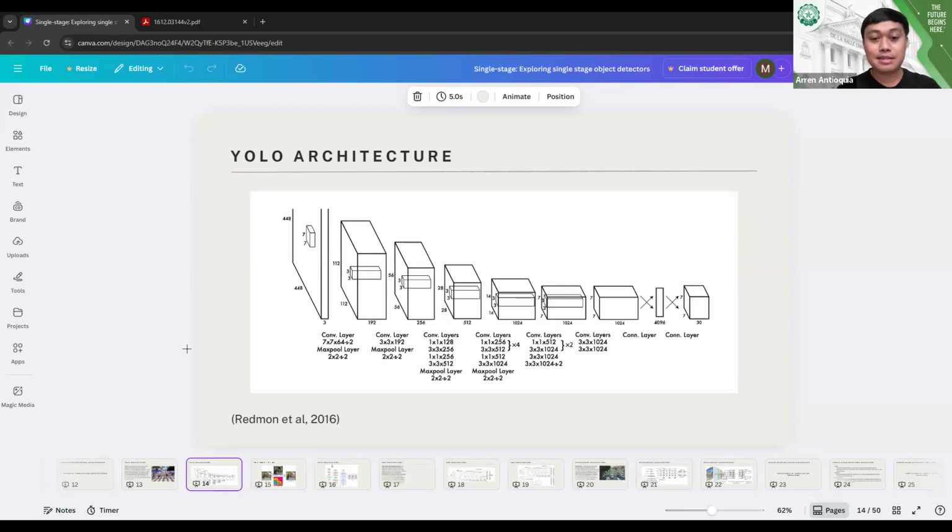Just a bit of history, because during this time, when he was introducing YOLO, which became YOLO up until now, it's a household name. I was personally doing my MS during this time, and I was working on object detection as well. So he introduced YOLO. By the time he introduced YOLO V3, he stopped doing research.